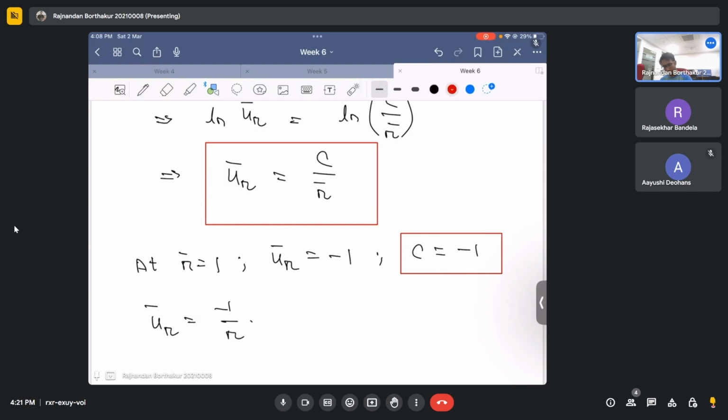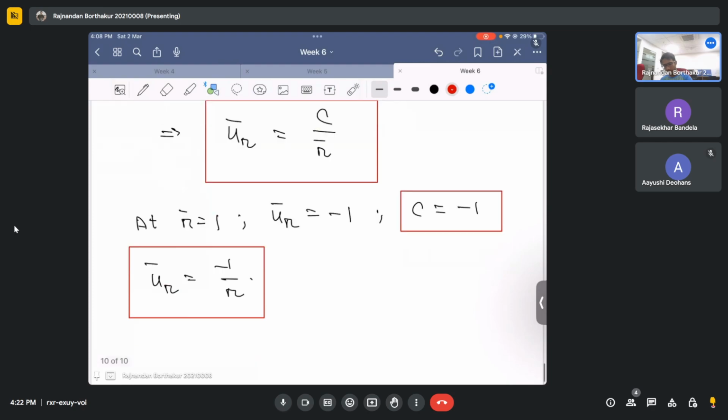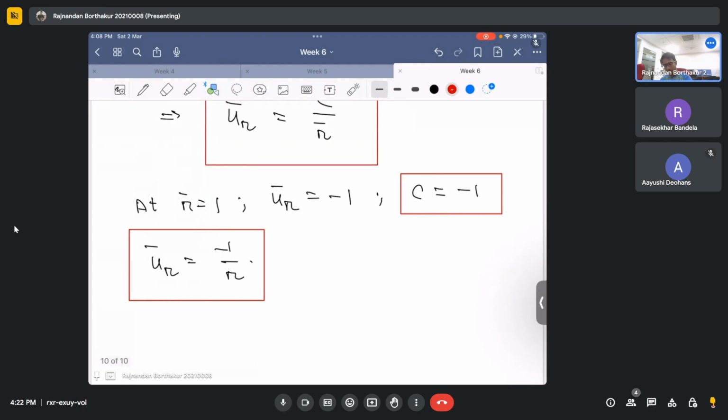I hope this is clear to you now. So from the continuity equation, we got the expression for the r direction velocity component.